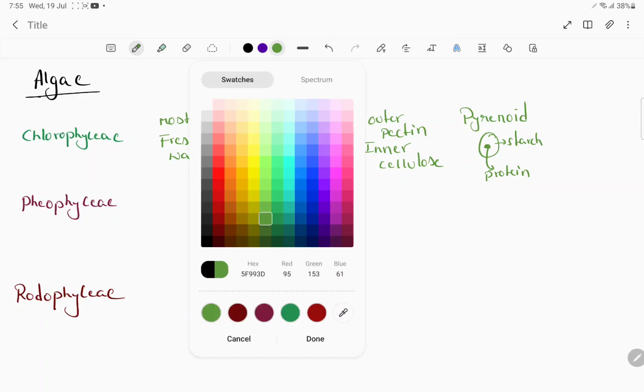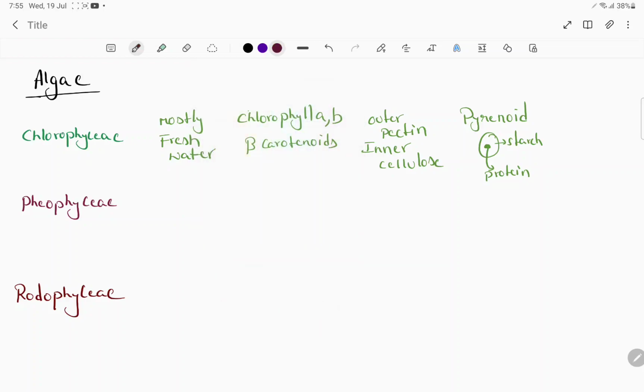So for Phaeophyceae, we'll go with brown. Mostly marine, rarely fresh. The pigments are chlorophyll A and C, xanthophylls and fucoxanthin.